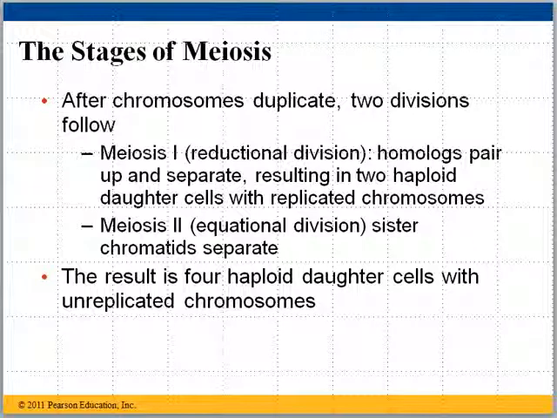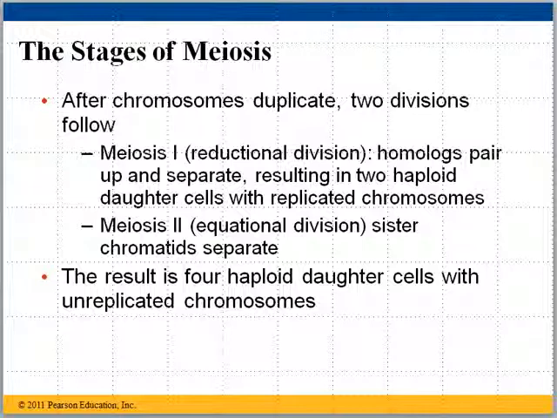So we can talk about the stages of meiosis. We kind of have part 1 or act 1 and act 2. After the chromosomes duplicate, just like they would in mitosis, you have 2 divisions. So you have meiosis 1, which we can call the reductional division. This is where the homolog pairs line up, or they pair up, and then they're going to end up separating. And so you're going to end up with 2 haploid daughter cells with replicated chromosomes.